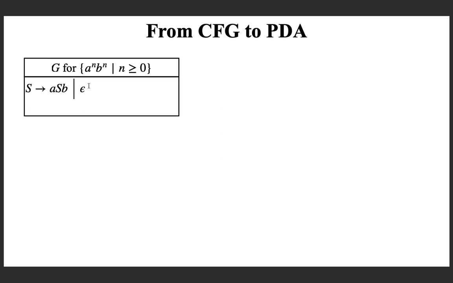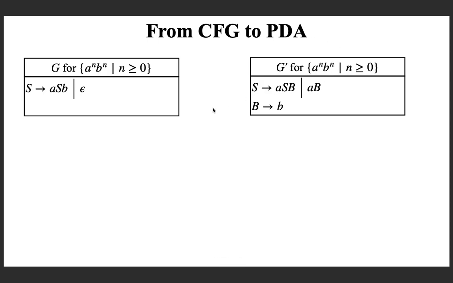Here is a context-free grammar for this language, and the construction that we are going to discuss uses Greibach normal form. This grammar is not in Greibach normal form, but you can obtain an equivalent grammar in Greibach normal form. Note that every production starts with a terminal, and in the RHS, other than the terminal, everything else is a variable or a string of variables.